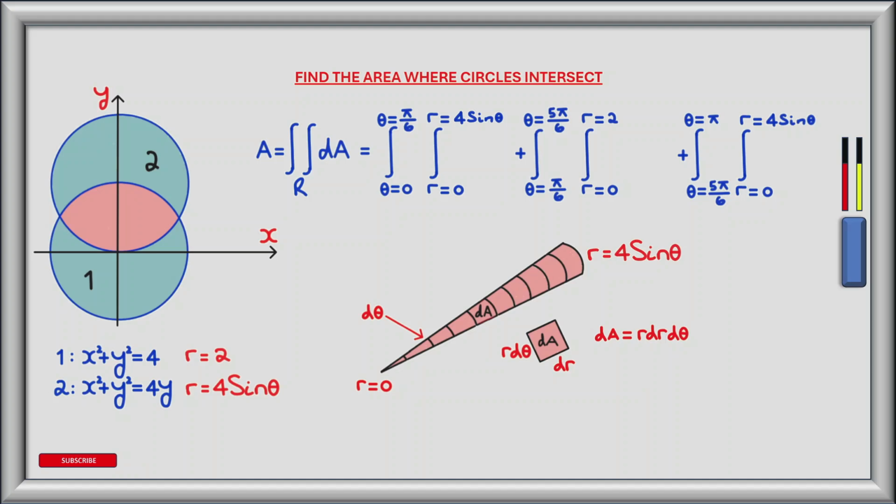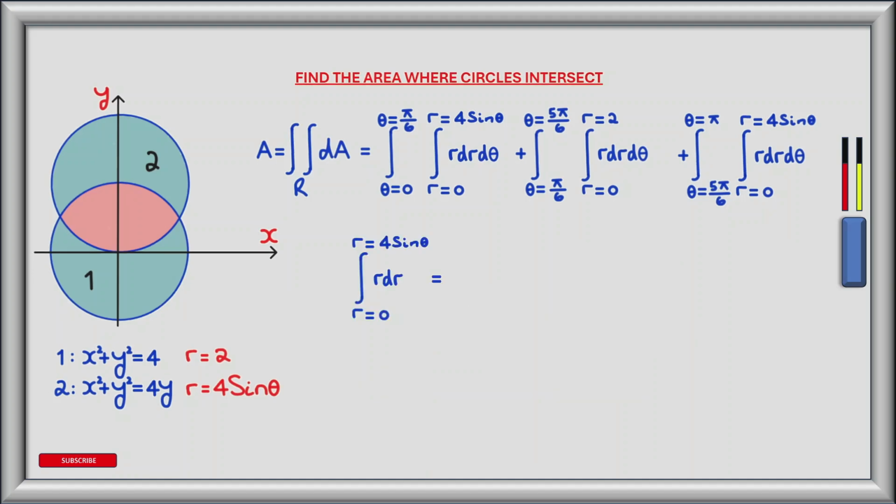And finally, in the third sector, we saw that our lower limit was at r equals 0 and our upper limit was at r equals 4 sine theta. And we saw that in each of the integrals, we are summing infinitesimally small pieces of area, dA, which translates to r dr d theta.